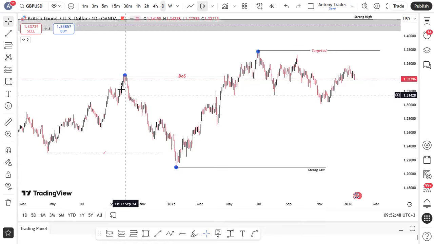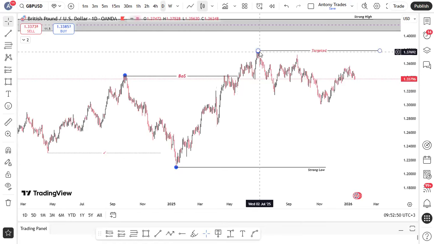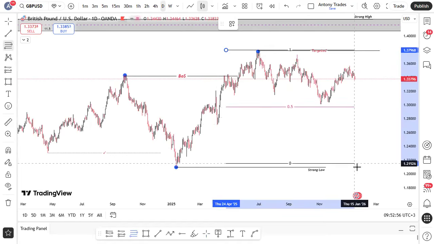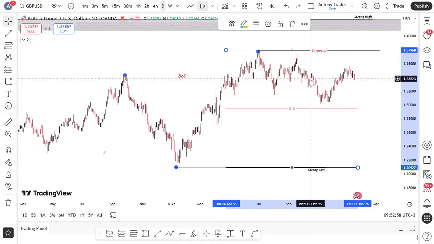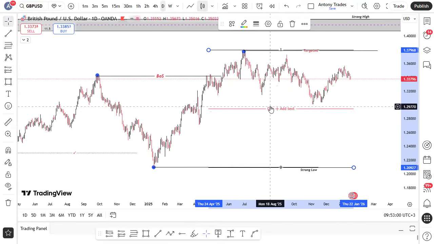So, having in mind that this is our swing structure, we have the swing high and the swing low. If we pick the Fibonacci and place it from the swing high to the swing low like this, you can see the market has not yet traded into the 0.5. So we are still expecting the market to come to this 0.5.